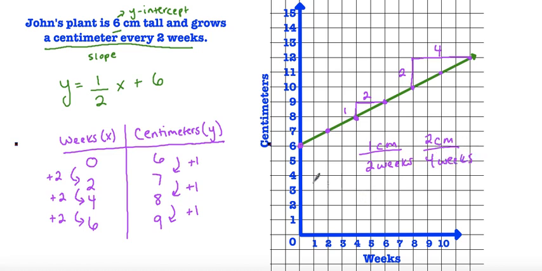if you just simplify. So you could find the slope between any 2 points by drawing our triangle here and then seeing how much it rises up and the run. So our slope here would be 1 over 2, and our y-intercept is where this crosses the y-axis, which is at 6.